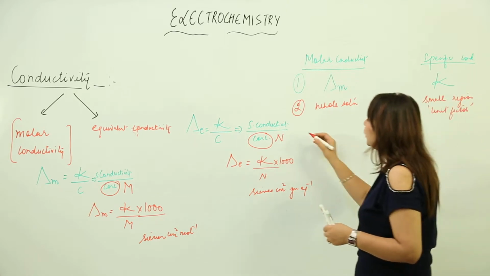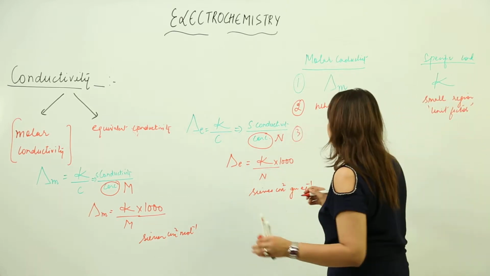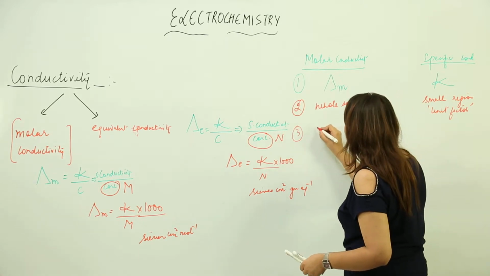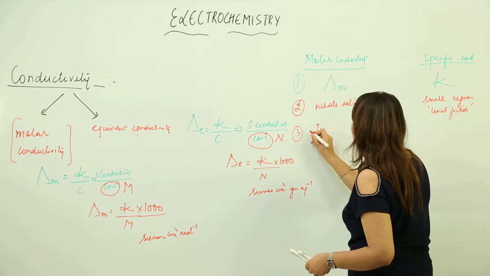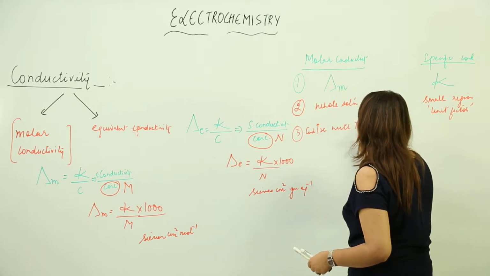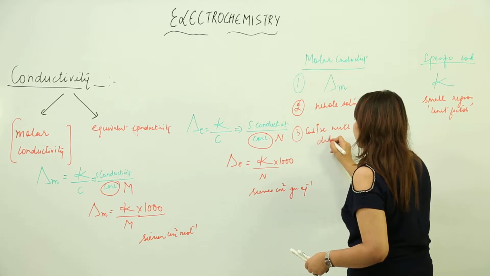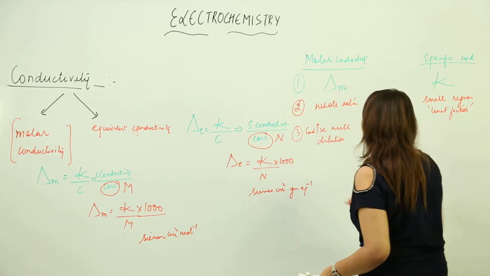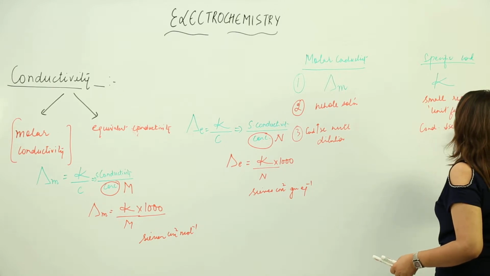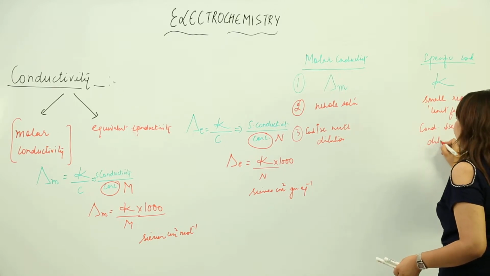Now if you dilute the solution, I'll write the point here, then I'll explain what happens. Molar conductivity increases with dilution, and specific conductivity decreases with dilution.